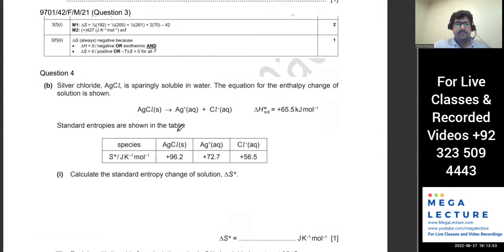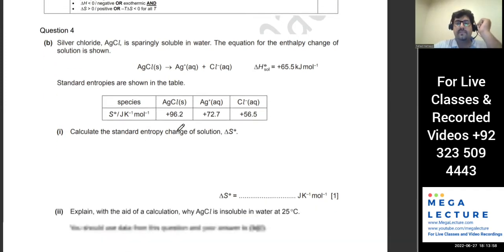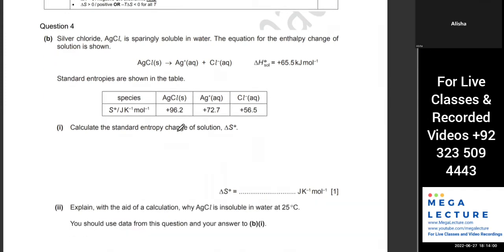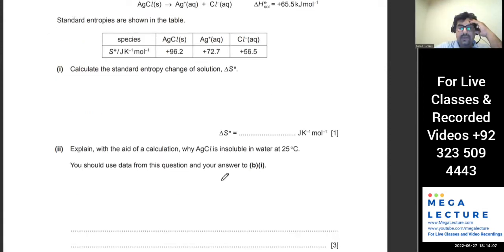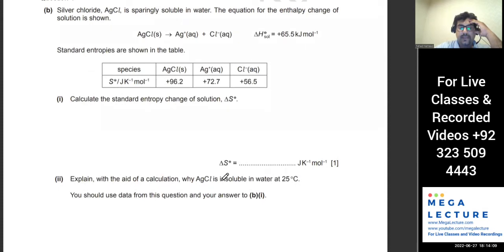Let's clear the last one. So now this one, we'll calculate delta S quickly. So again, products minus reactants.